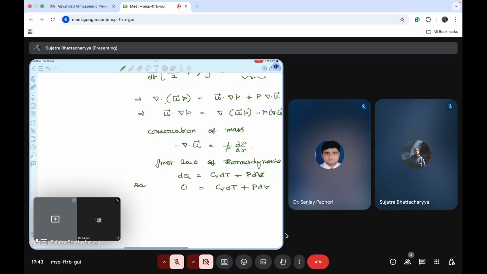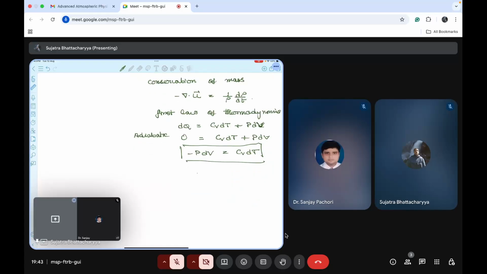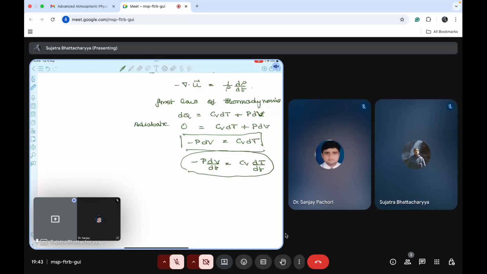So this is adiabatic, one of the assumptions. So minus p dv is equal to cv dt. Keep it closed. We will use it. So p dv dt, if I just differentiate, will be equal to cv dt by dt. Great. Let's keep it like that.